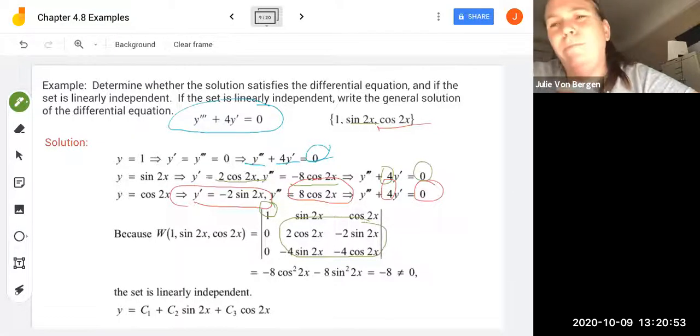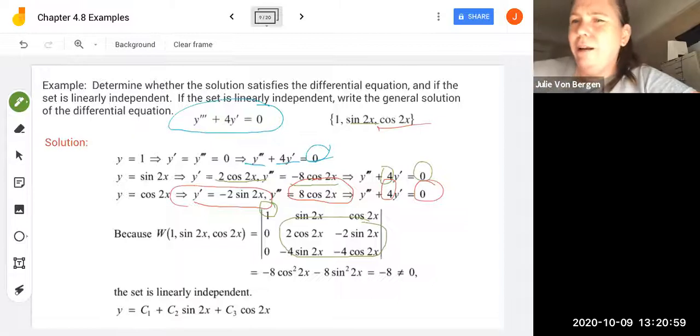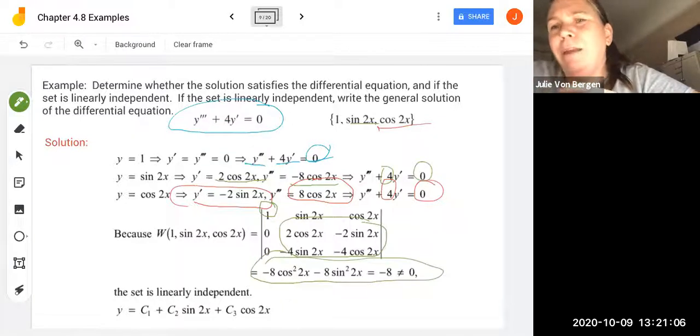So we just have to expand the 1 times the determinant of what I've circled here in green. That works out to be negative 8. If you simplify it and make use of the fact that cosine squared theta plus sine squared theta equals 1, we're just going to have a negative 8 here, which is not 0. So this set is linearly independent.